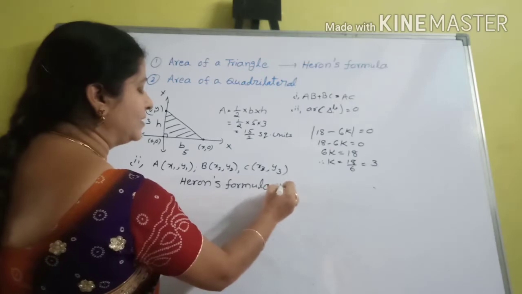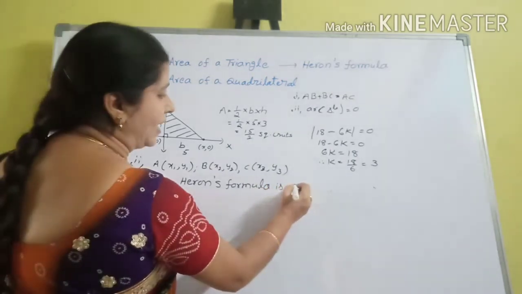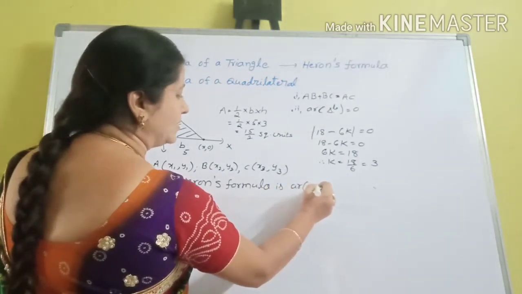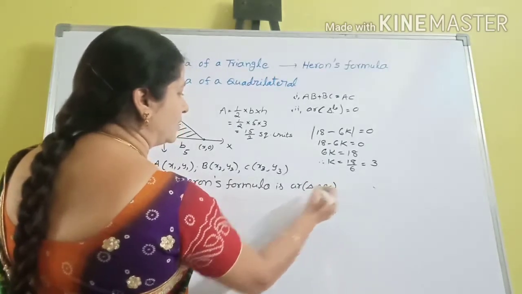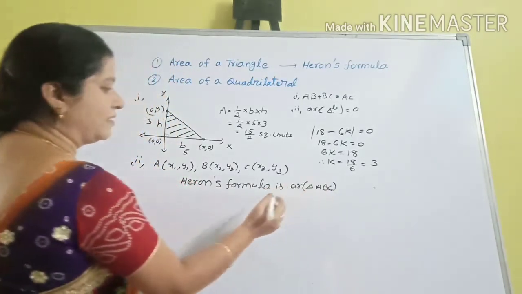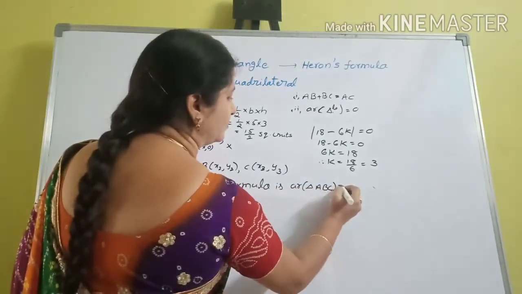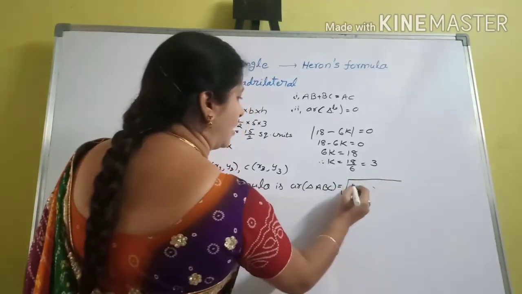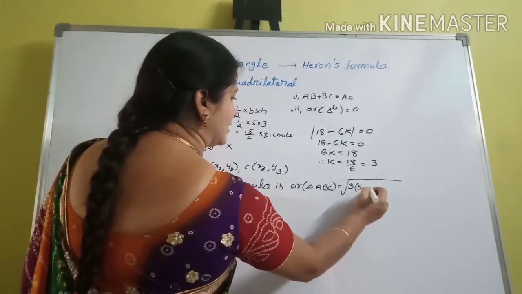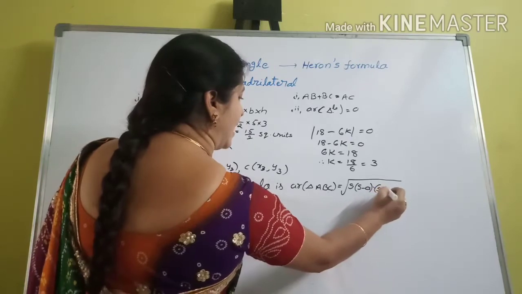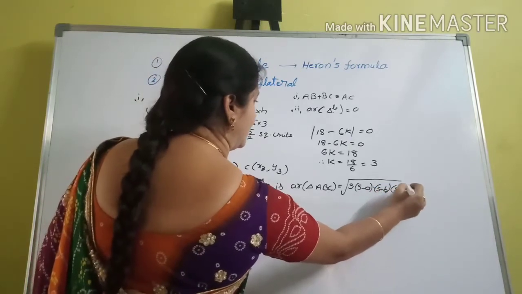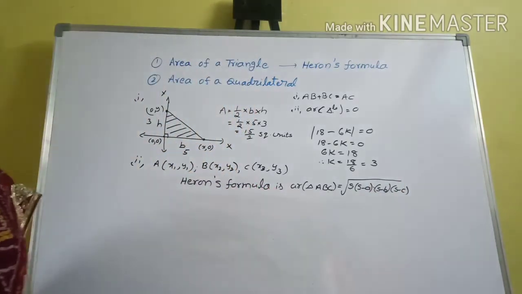Heron's formula is: area of the triangle ABC equal to square root of S into (S minus a) into (S minus b) into (S minus c).